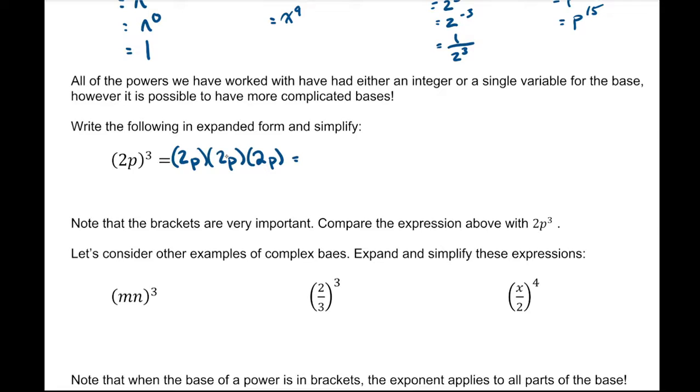So in this case, 2 times 2 times 2. 2 times 2 is 4, times 2 is 8. And then p times p times p becomes p to the power of 3. So that's the simplified form. This was our expanded form, and this is our simplified form.